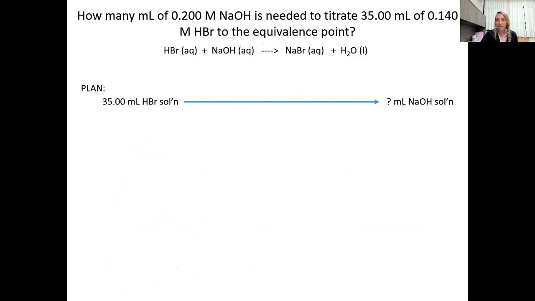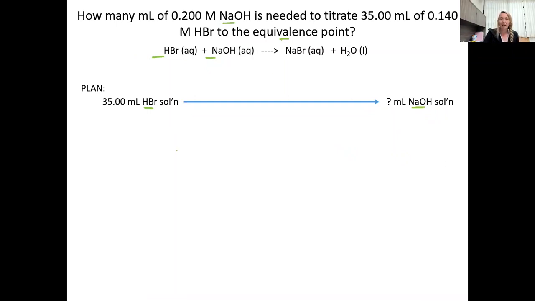The question asks how much of the sodium hydroxide is needed to reach the equivalence point. That equivalence point is based on this balanced chemical equation, right? So I know that for every 1 mole of HBr, I have 1 mole of sodium hydroxide. And we're going to use that conversion in this process, right? Because I'm changing labels, and when I go through that process, it's going to automatically be the equivalence point.